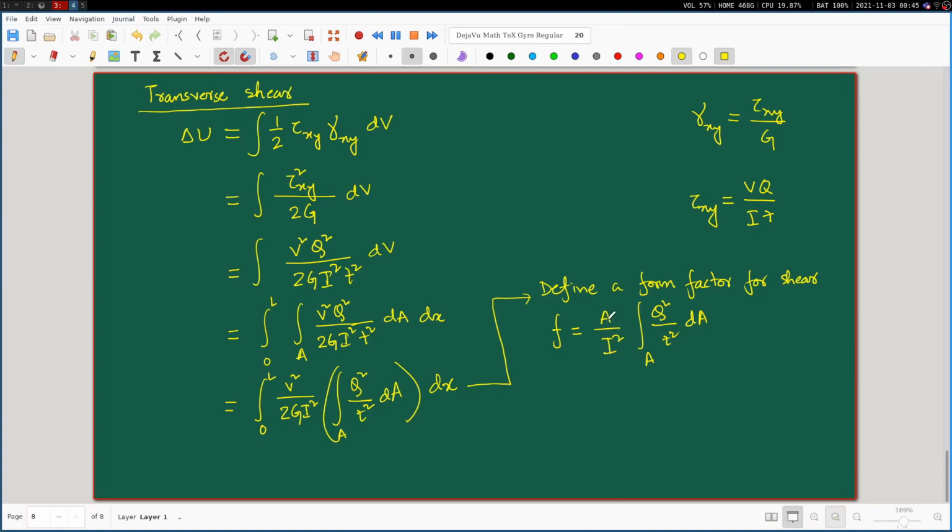So m square in the numerator, m to the power 8 in the denominator, this is 1 by m to the power 6. The Q is something like y times an area, a distance times an area. So Q by itself has the unit of meter cube, so that squared becomes meter to the power 6, and in the denominator you have simply meter square.